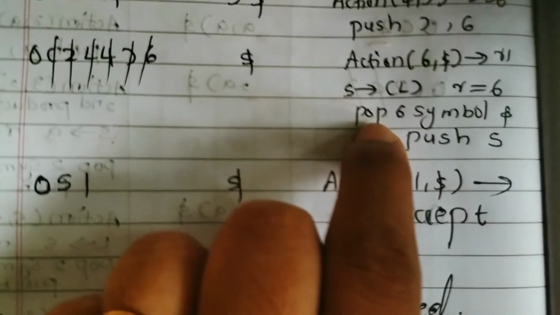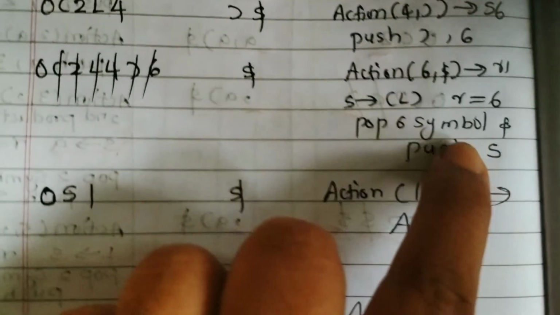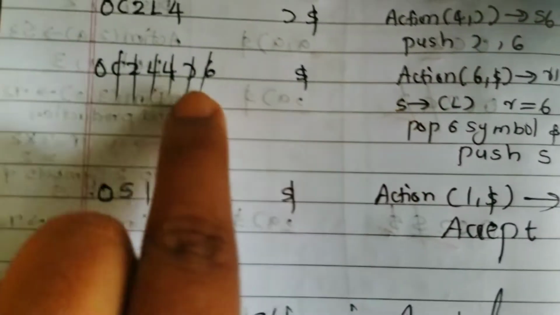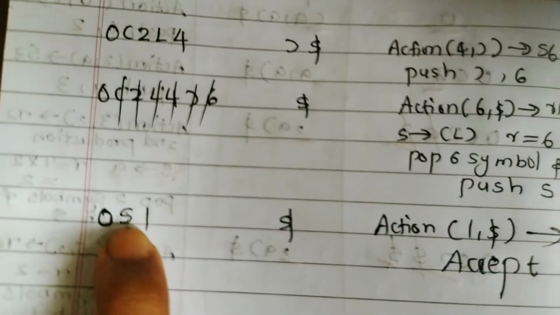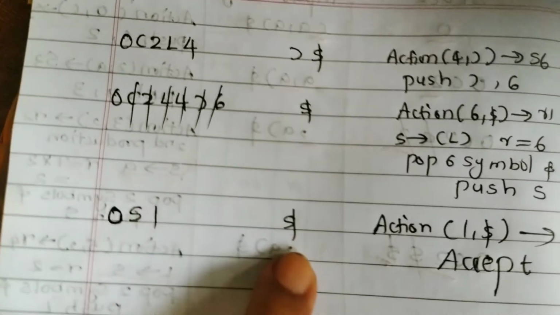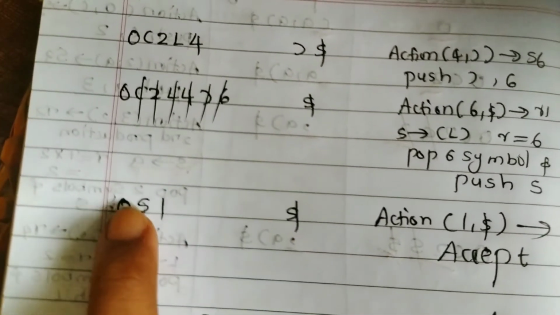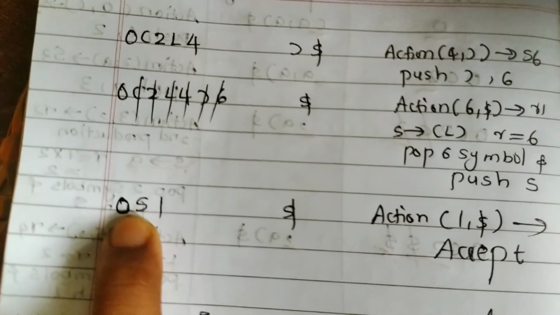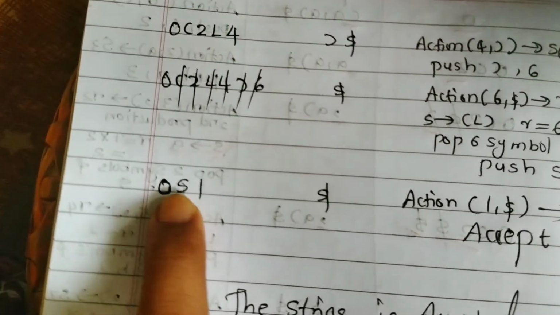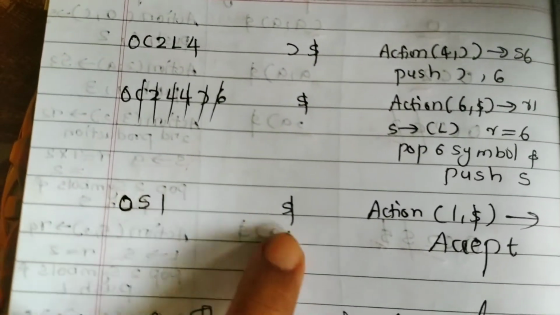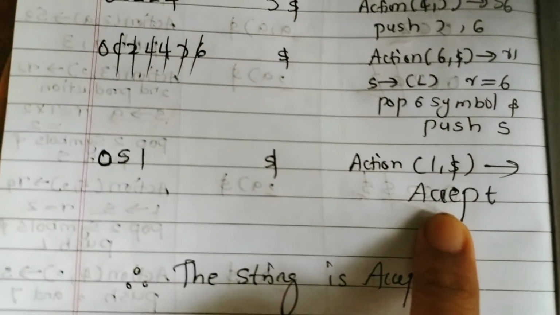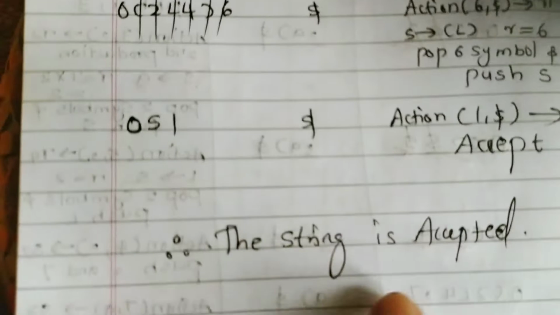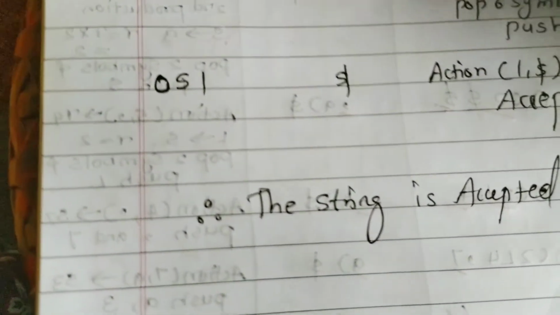So again you pop 6 symbols and push the left hand side S. S to dollar you cannot relate, so you check the nearest two things, 0 and S. In the parsing table it is 1. Now action $1 gives you accept from the parsing table. So you could say that the given string is accepted by the grammar.